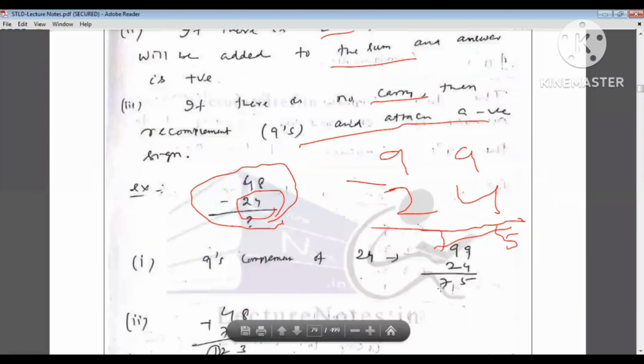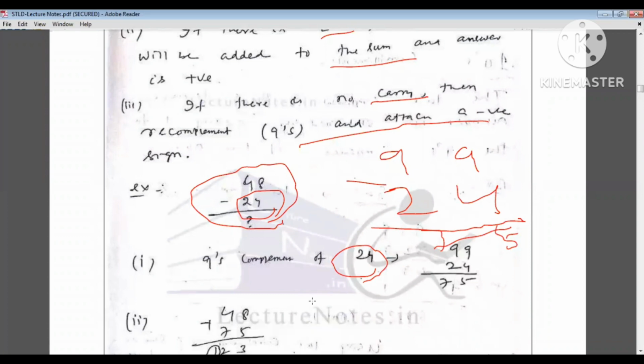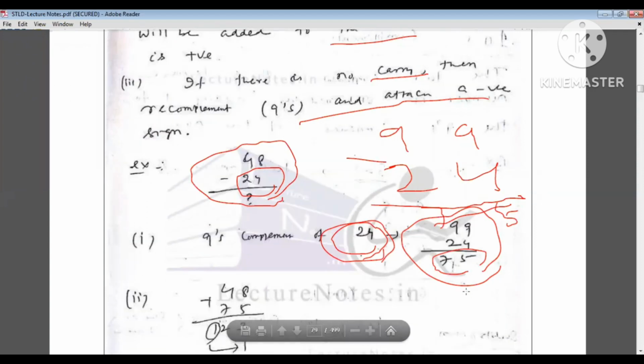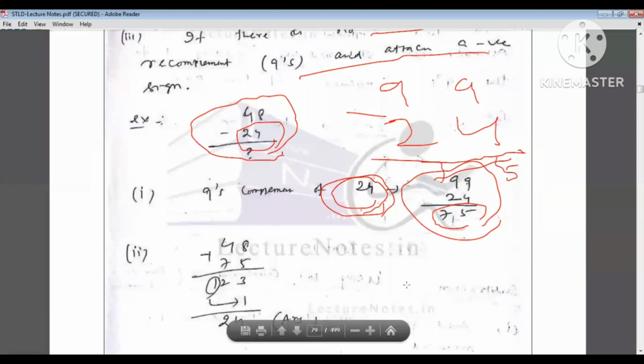Let us do a problem. Okay, ठीक है. 24 का तुम्हें क्या निकालना है 9's complement? All of you are listening? Yes, sir. तुम्हें 24 का 9's complement निकालना है. So you have to subtract 24 from 99. तो कितना आया? 75 आया. Now 75 को किसके साथ ऐड करना है? 48 के साथ ऐड करना है.